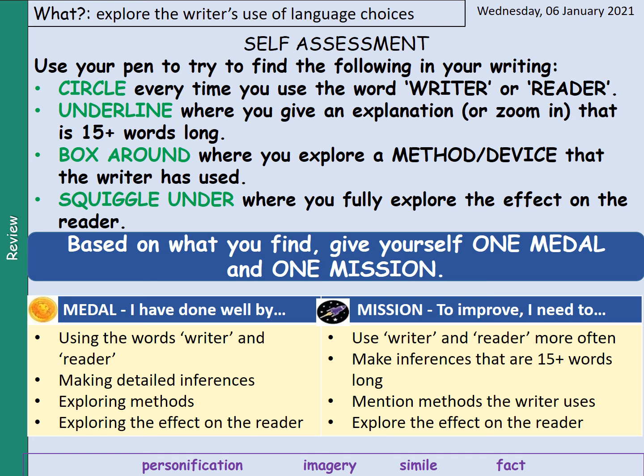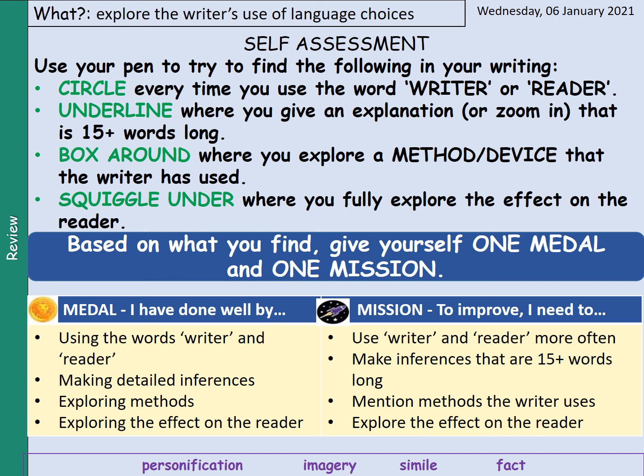For the final section of this lesson, I just want you to do a quick self-assessment on your PEE paragraphs you've just written. So if you're doing it on a Word document, you can put them in different colours or underline them in different ways, or if you're doing it on a piece of paper, circle every time you've used the word writer or reader in your PEE paragraphs.